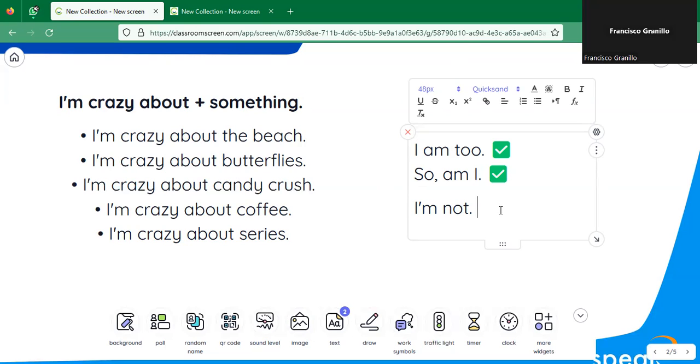So do I, sorry. So do I. Okay, but if I am using the verb to be, what is the answer? I am. So am I. So am I. Okay, because we're working with the verb to be. Very nice. Okay. Good.